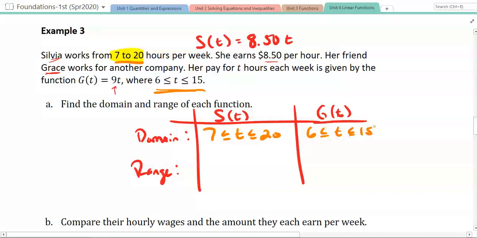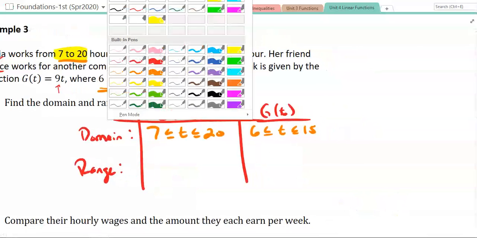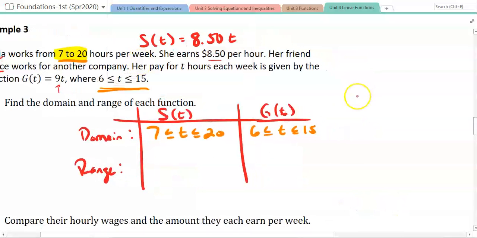Now, how do we get the ranges? We've got to go back to what we did in problem number 1. We've got to plug in values to find what's the low end and the high end of our range. And so we're going to have to do a little bit of work here to do this. So for Sylvia, we're going to do S of 7, because that's the beginning of her domain, and 8.50 times the 7.